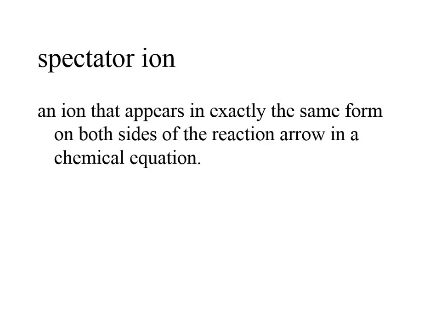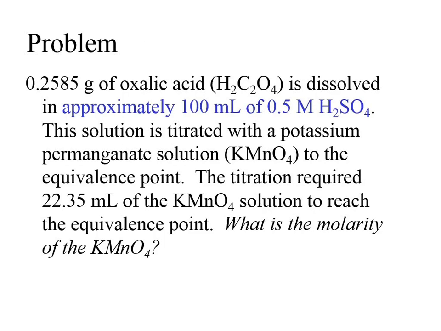Well, if I have a reaction arrow between my two hands, and you see the ion over here in the same form as you see the ion over here, they could be deleted. They're the same to begin with, the same to end with, they're not involved in the chemical reaction. Those are spectator ions, and they actually can be removed to create what we call a net ionic equation. That's it. All right? So, we're going to apply that idea with this last problem.